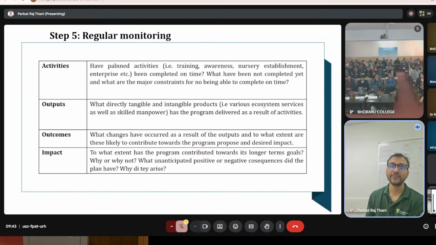If that didn't help, then we make another way to get rid of that problem. All these things were done during the monitoring system. So overall, it took approximately 5 years for us to complete all these things from the beginning to the piloting and monitoring process.